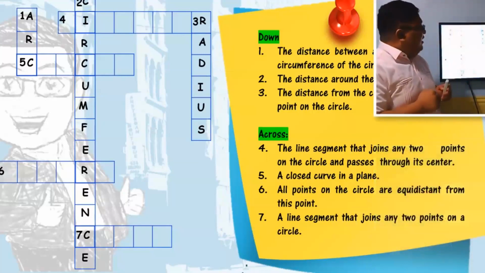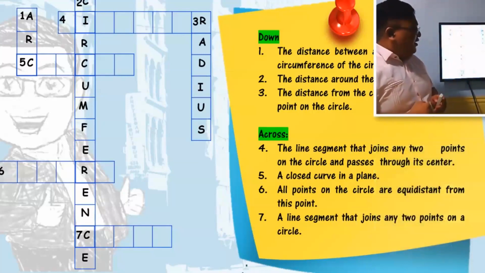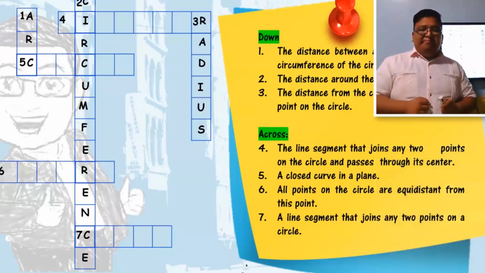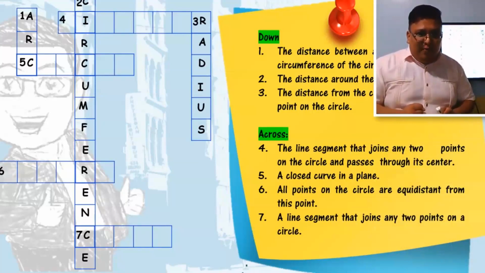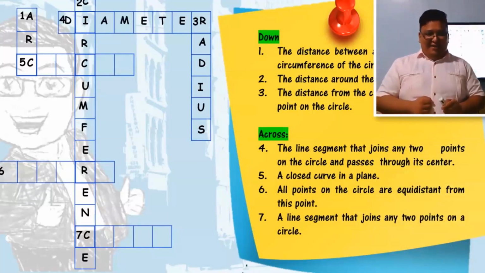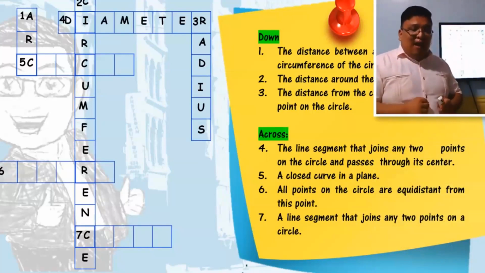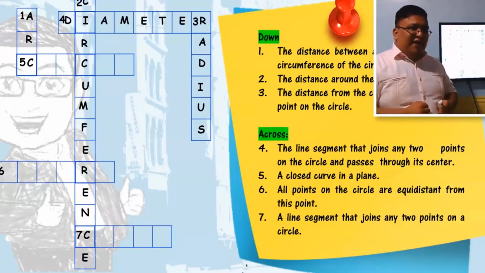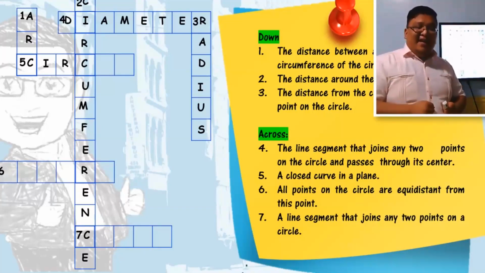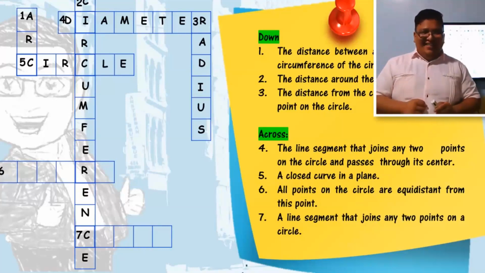The line segment joins any 2 points in the circle and passes through its center. Very good. It is diameter. Alright. How about number 5? It is a closed curve in a plane. Very good. It is circle.